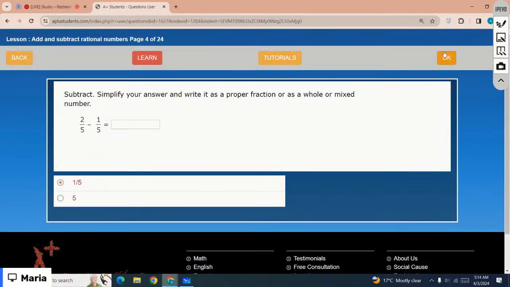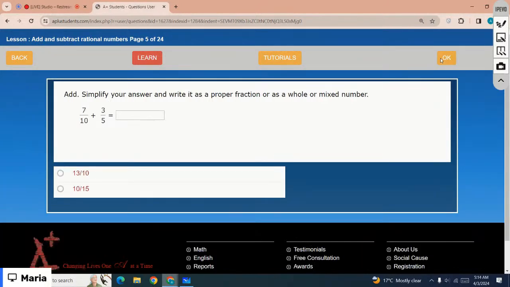Option number 1 is the correct option. 7 over 10 plus 3 over 5, which is the correct option? Yes, that is 13 over 10. Option number 1 is the correct option.